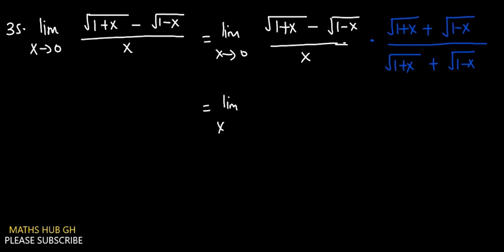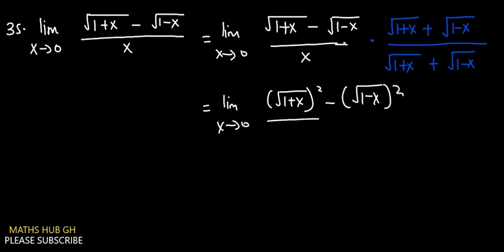If you do the transformation, you're going to have the limit as x approaches 0, and for the numerator, the square root of 1 plus x squared minus the square root of 1 minus x squared, all this divided by x multiplying the square root of 1 plus x plus the square root of 1 minus x.